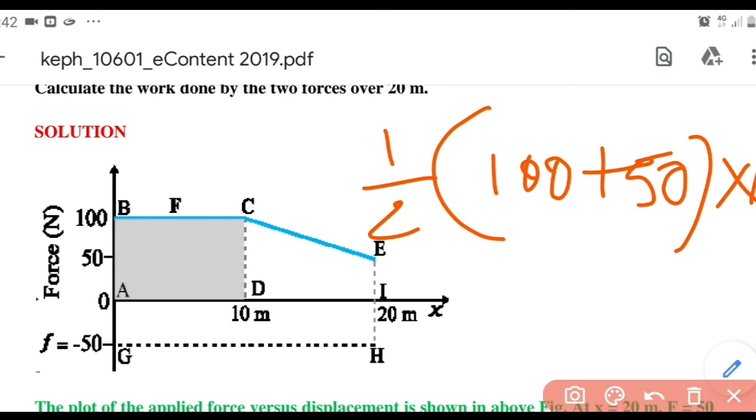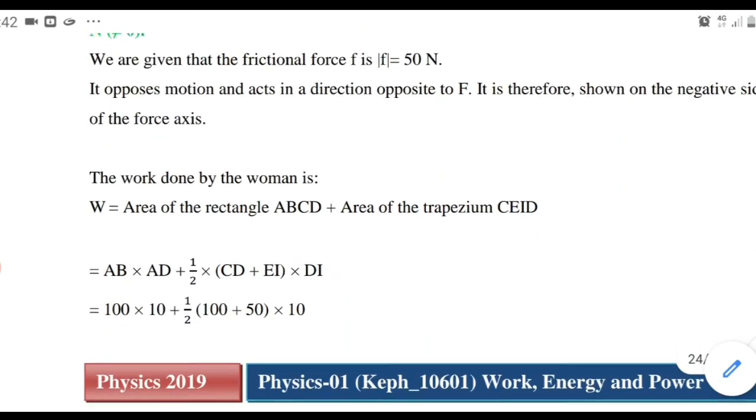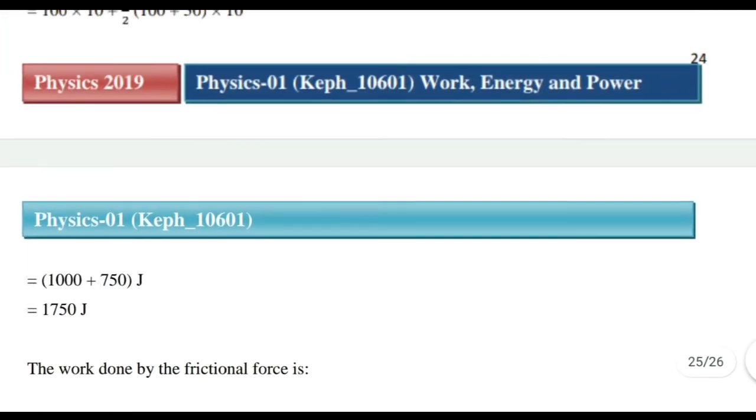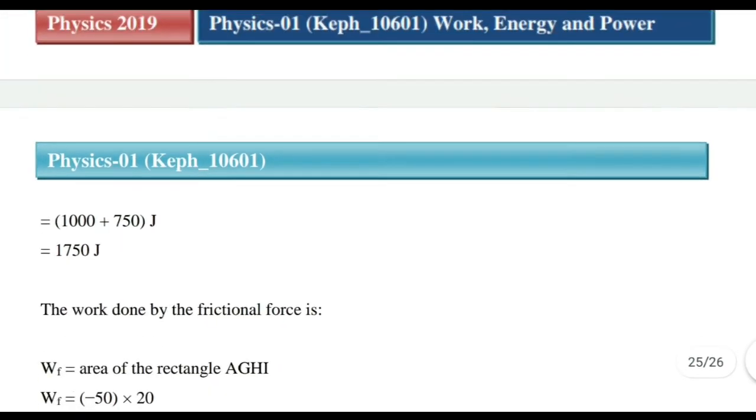So 10 by 2 is 5, 5 into 150 is 750. So the work done from 10 meter to 20 meter is 750. So 1750 joule is the total work done. You can follow the steps.